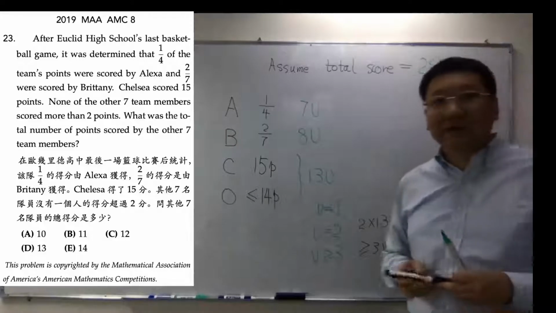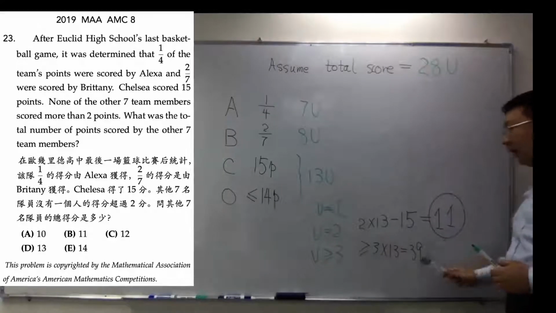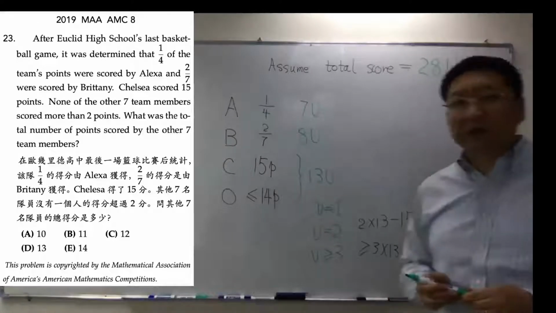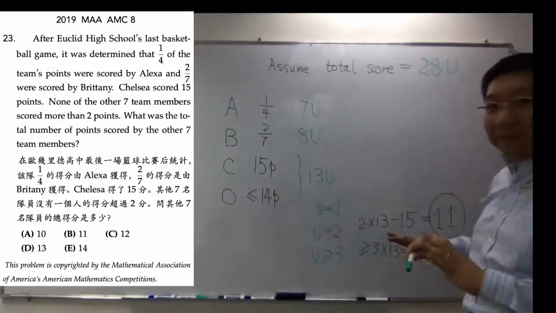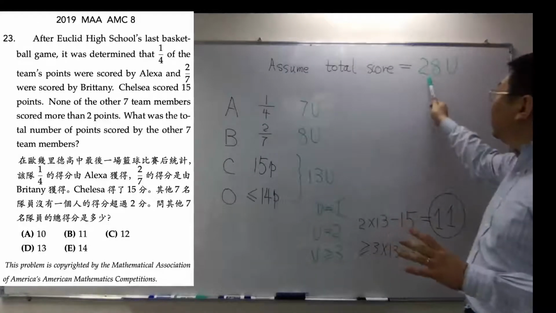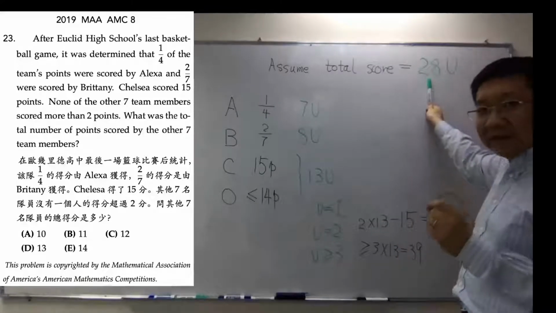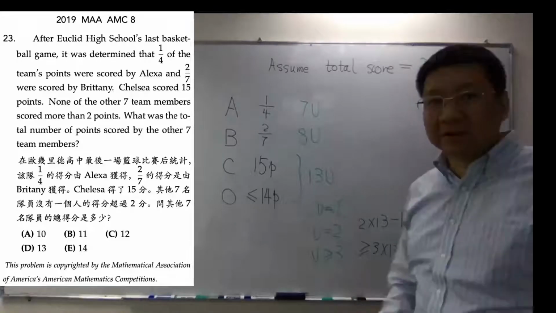So yes, it's really impossible. The only choice is U is 2, and the other 7 people earn 11 points. So you'll see all this calculation becomes simple just because we assume the total score is not a single X but 28 units. That is question 23.